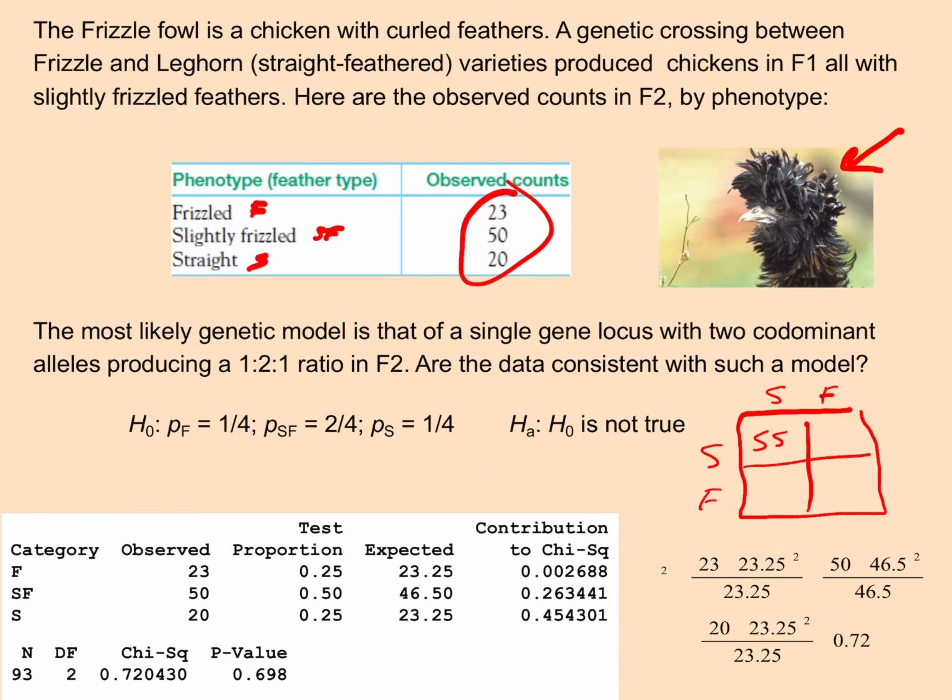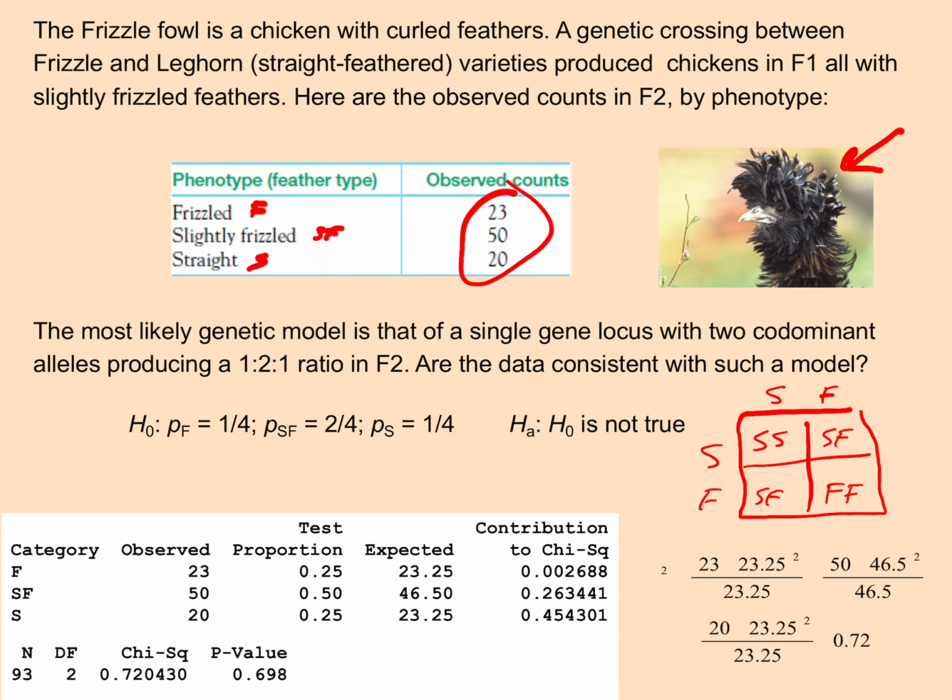So here we would get a chicken which would have straight feathers, okay? Here we would get a slightly frizzled, I guess they call it. Same thing here. And then here you would get a frizzled, which would be curly feathers. So we have 1/4 straight, 1/2 slightly frizzled, and 1/4 frizzled, okay?